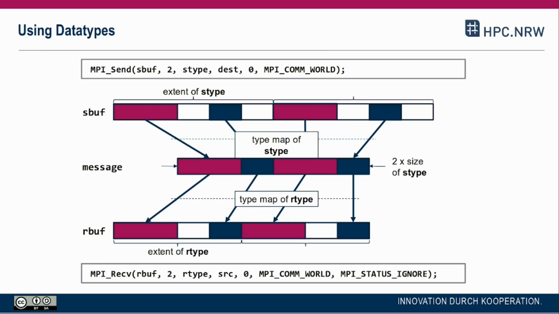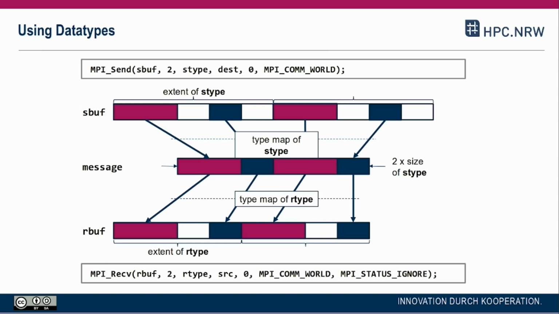So our send type is supposed to be this with a gap at the end, yeah. And what we see is the send type actually puts this into some form of a data stream, yeah. Again, that's a logical view. It doesn't mean that the library actually packs things or repacks things.